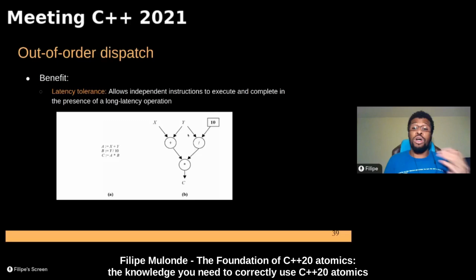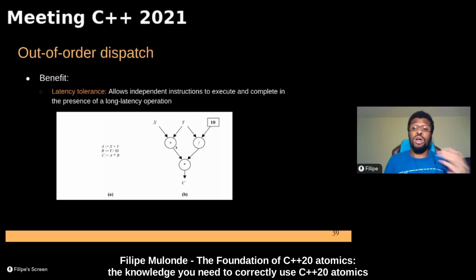So let's see how these instructions can execute out of order. When the y operand is ready, because the other operand of the division node is 10, which is fast to get because it is a constant, this division we can execute.